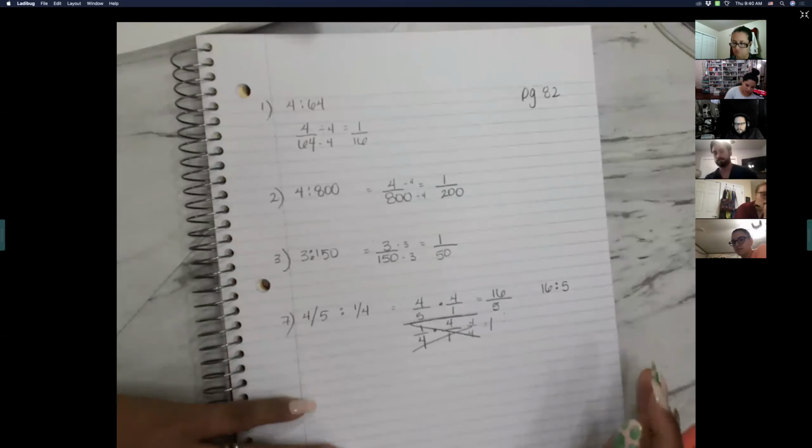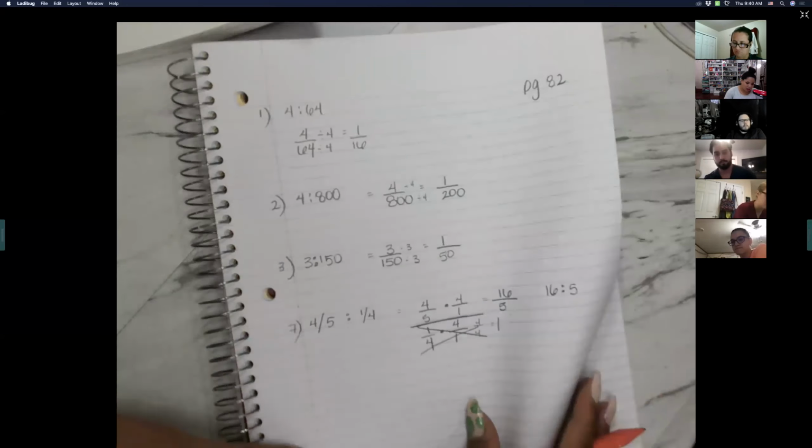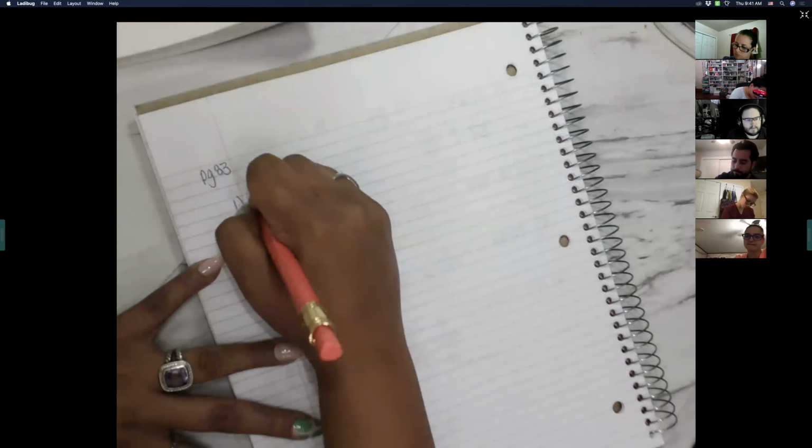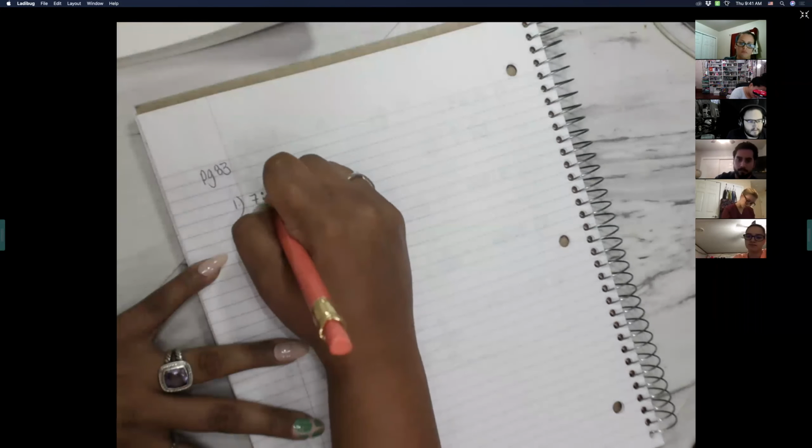Okay, the next section on page 83, it's asking us, number 1, to take the ratio 7 to 4 and change it into a decimal.